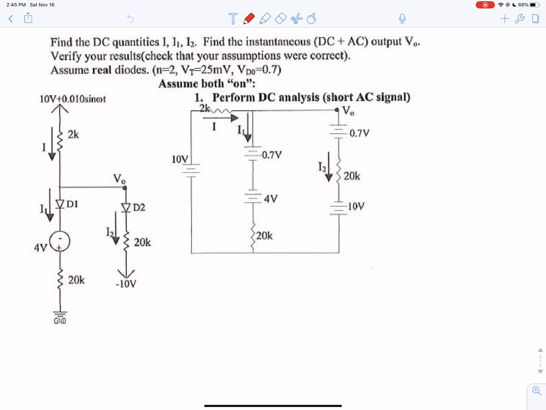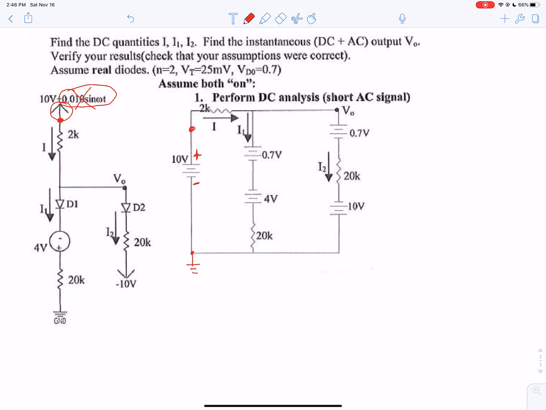For the DC solution, you're going to remove the AC sources. So in this case, we're going to ignore that AC part, and we're going to analyze it with just the DC. This may be a new notation for you. All that means is wherever this is connected, that will be the positive. So here, that would be the positive side of your supply, in relation to ground.